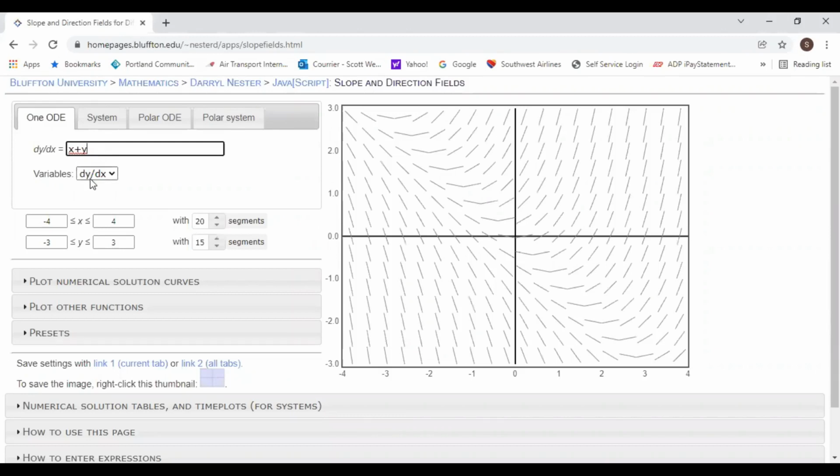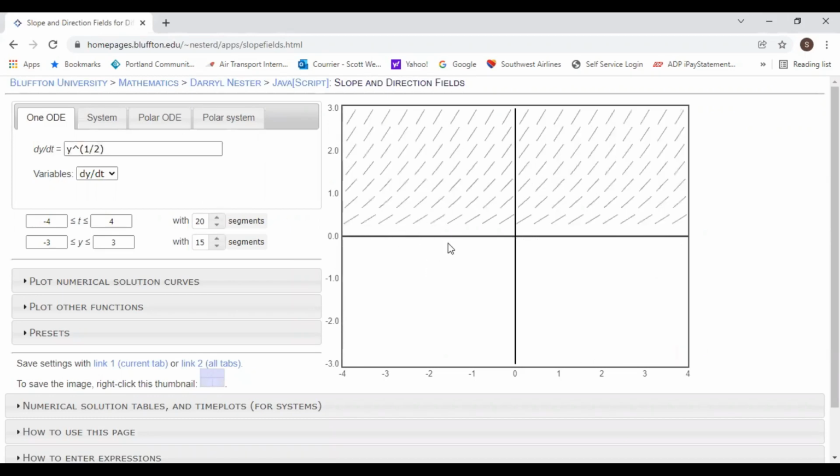So let's try to get a look at what we have just been exploring. We're going to put the same differential equations in as what we were dealing with, and we can even customize the variables to match the ones we have been playing with. And now let's go ahead and put in y to the 1/2 as our differential equation.